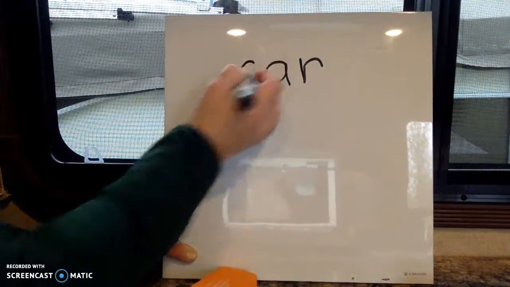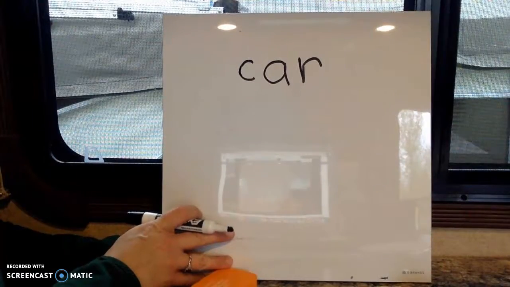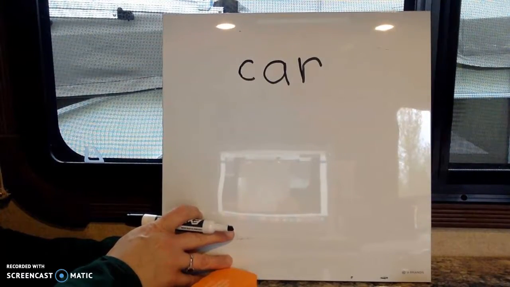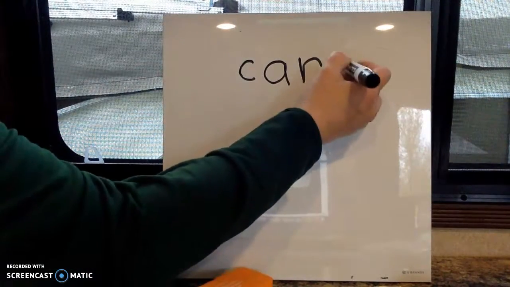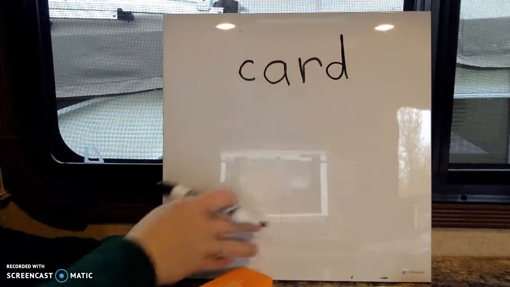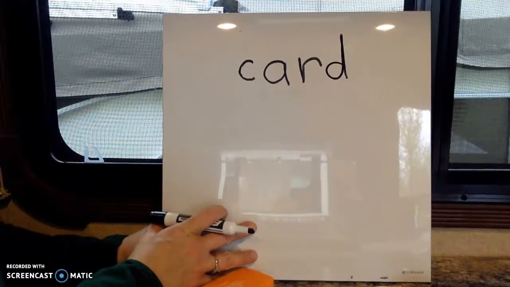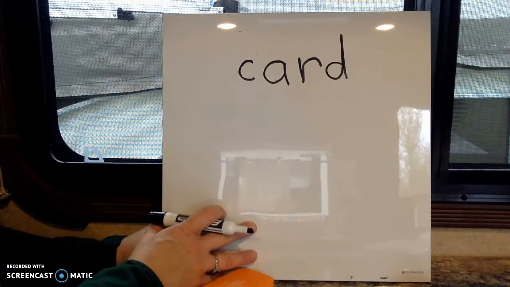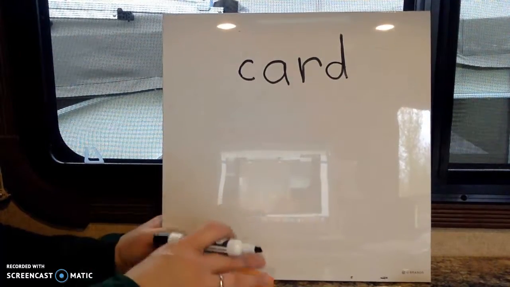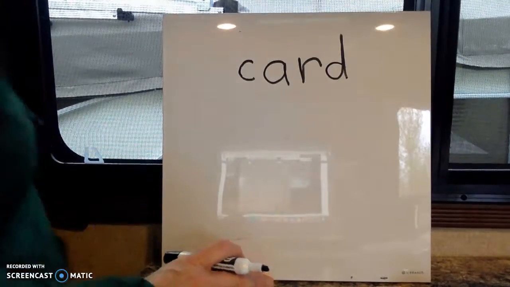We're back to car, but we're going to change car into card. I hear the D at the end. Card. And a word that rhymes with card, yard. They both have ard at the end.